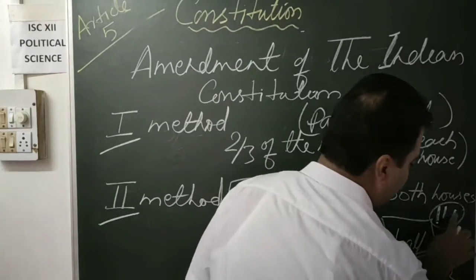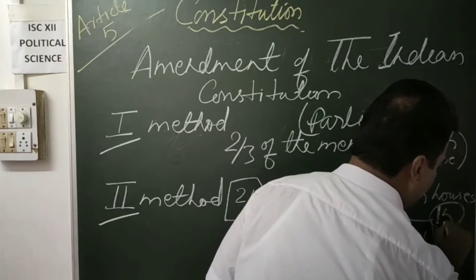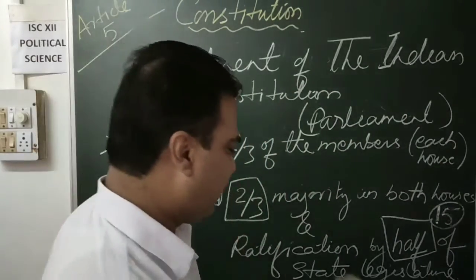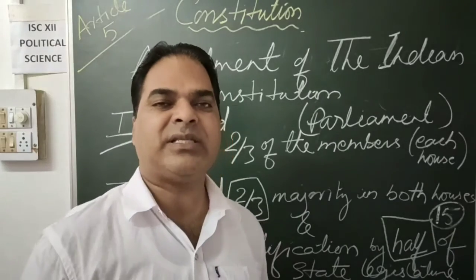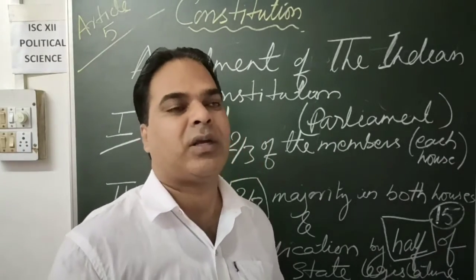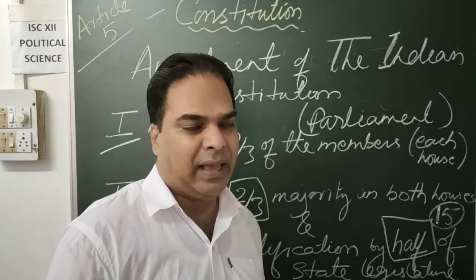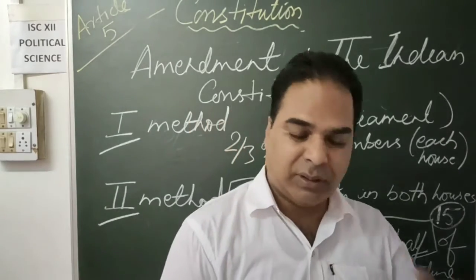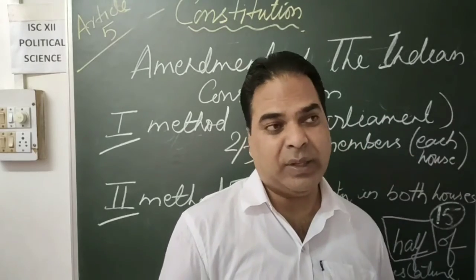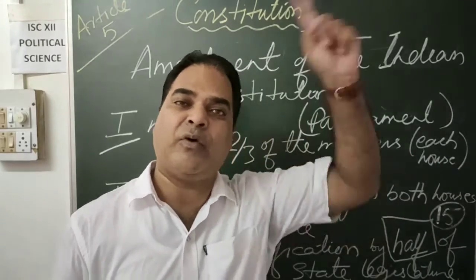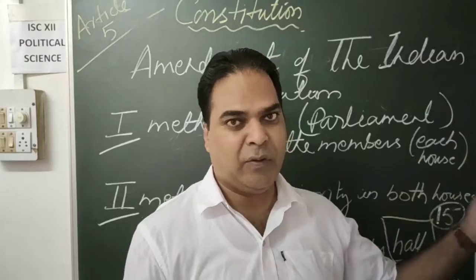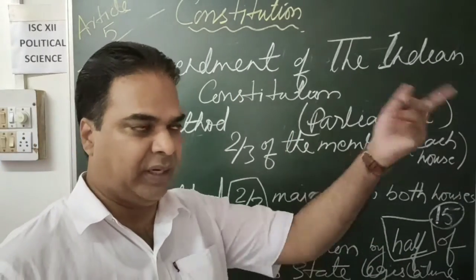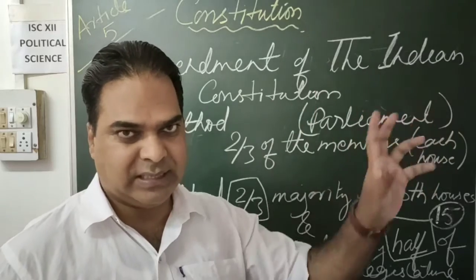So let us make it 15. So 15 of the states give the approval. Ratification means approval, to agree. So that is all about ratification. In the US Constitution, it is 3/4 of the states, about 37.